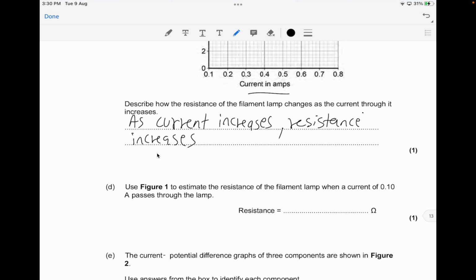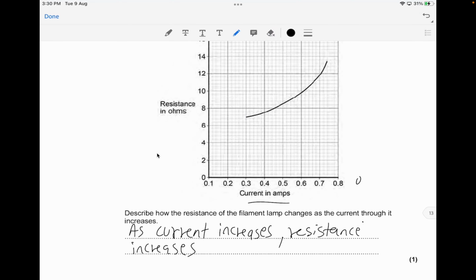Now you're going to use figure 1 to estimate the resistance of the filament lamp when the current is about 0.10 amps passing through the lamp.